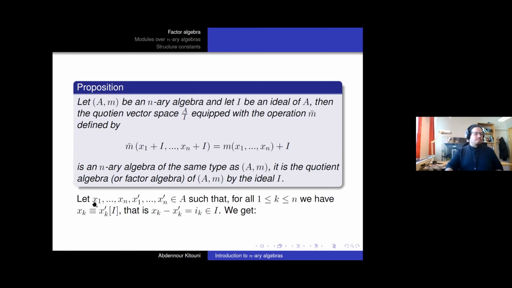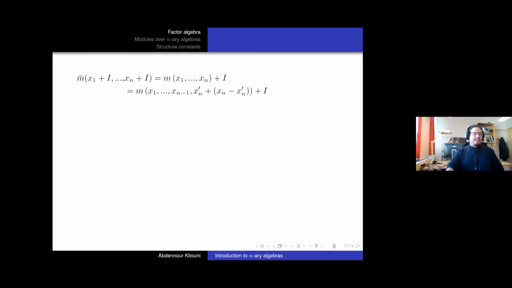So let's begin. We take n elements x1 to xn and then x1 prime to xn prime, so that each one of these is equivalent to its correspondent. Xk is equivalent to xk prime, that is xk minus xk prime is an element of I. And we start with this Mbar of x1 plus I to xn plus I is equal to this.